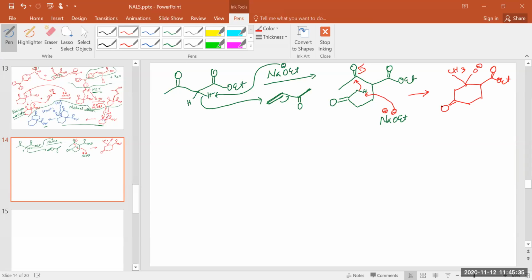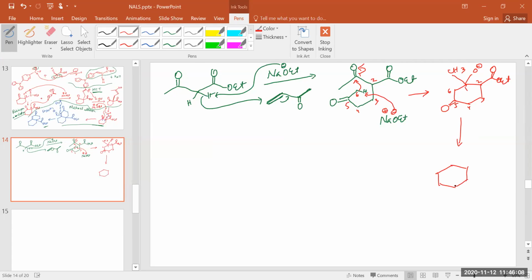the ketone. If I give numbering here, 1, 2, 3, 4, 5, 6. So again, this will be from the solvent or the conjugate acid. The OH will be protonated.